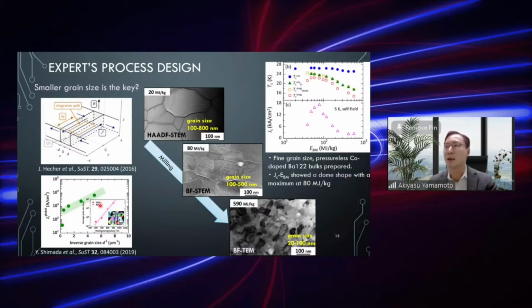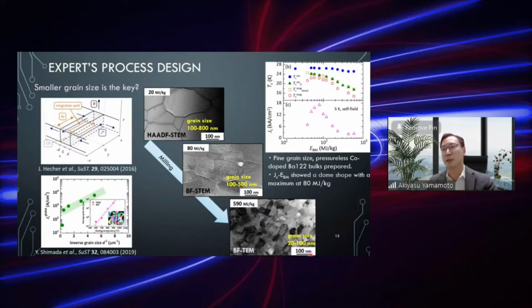So naturally, we tried to synthesize ultra-fine grains in barium 122 samples by increasing the milling energy. And you can see the STEM images show the grain size became smaller, from up to 1 micron down to 20 to 100 nanometers.